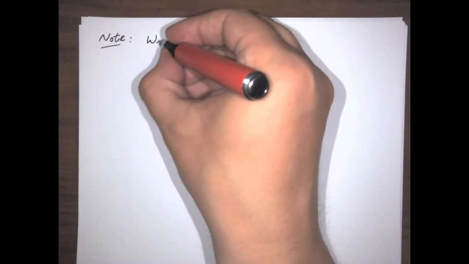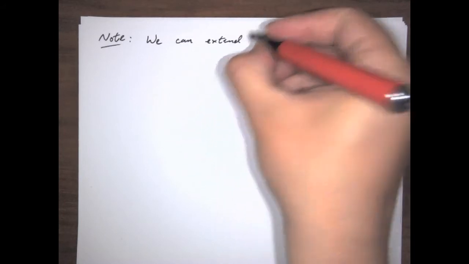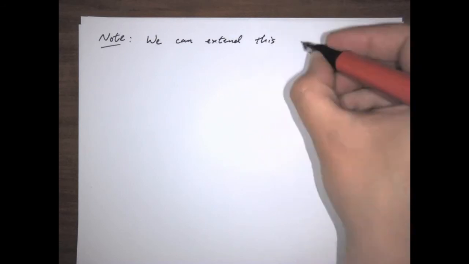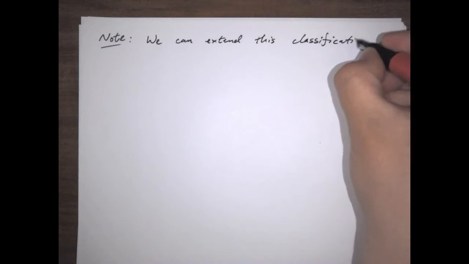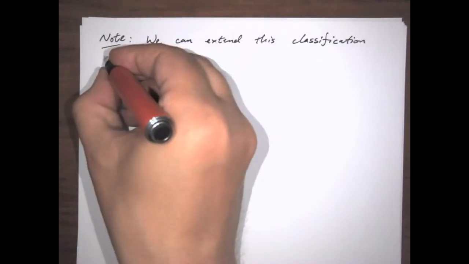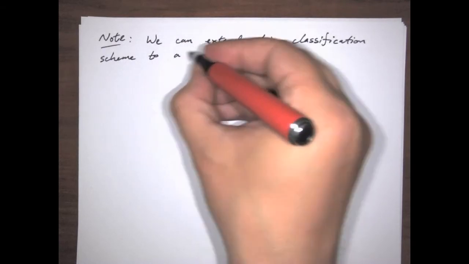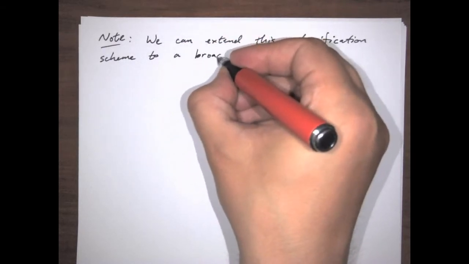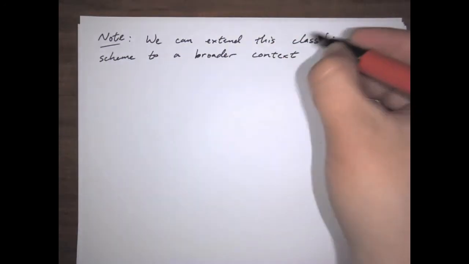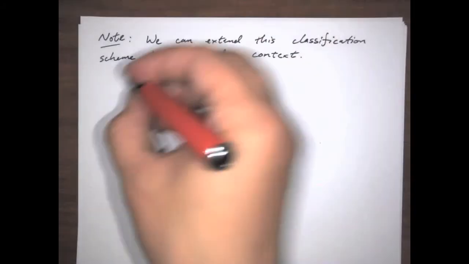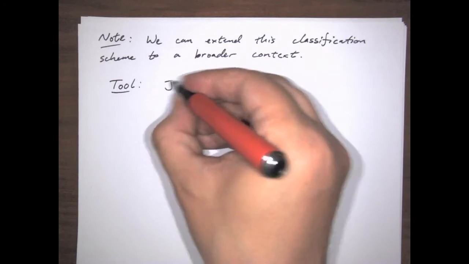So we can extend this classification scheme to a broader context. So in particular, here's how. The tool that we'll use is what's called the Jacobian matrix.